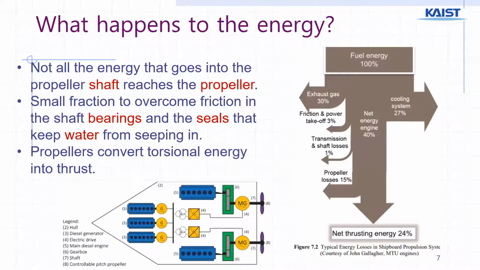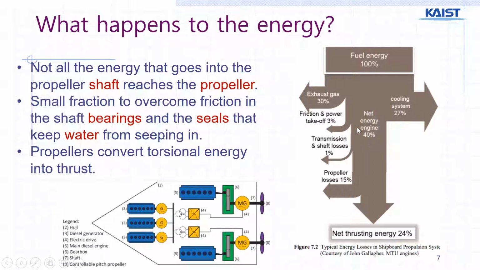So what happened to the energy used by the fuel? Not all the energy goes into the propeller shaft, which drives the propeller. There is a loss. So fuel energy is 100%. 30% goes to exhaust gas as heat, and then the cooling system takes 27%.